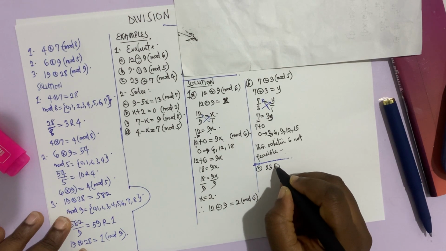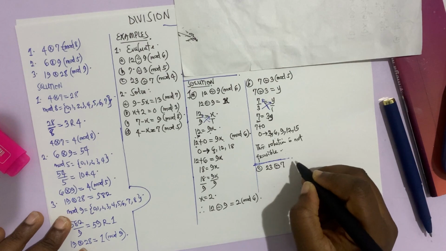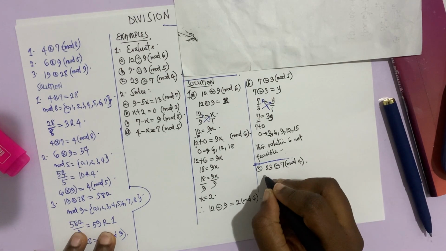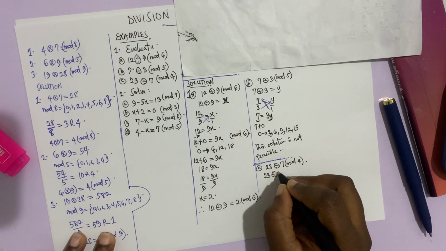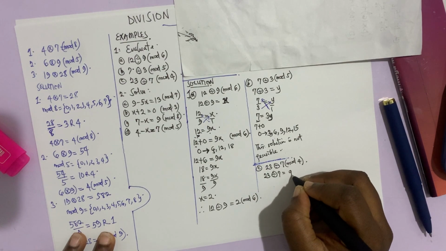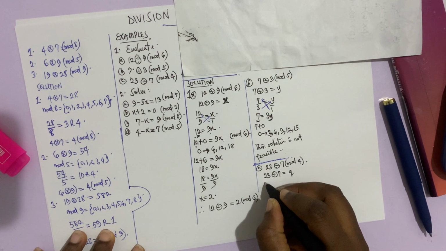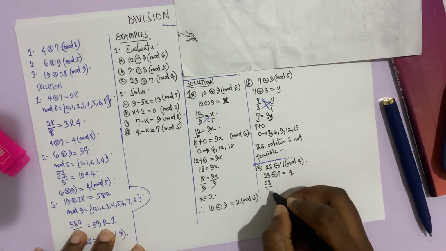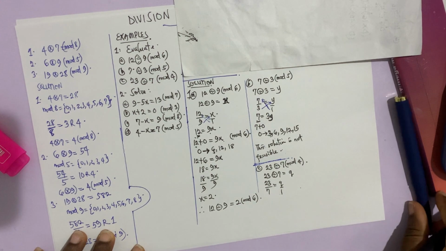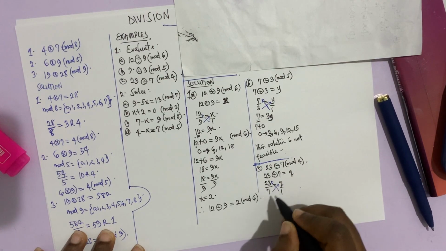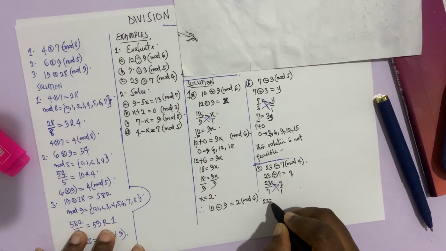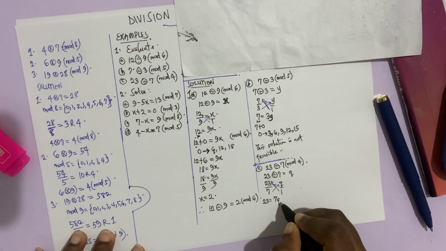1c. 23 divided by 7 in modulo 4. We assume that 23 divided by 7 is a number q, and if we write it like this, q over 1, we can cross multiply. So we have 23 times 1, 23 is equal to 7 times q, 7q.